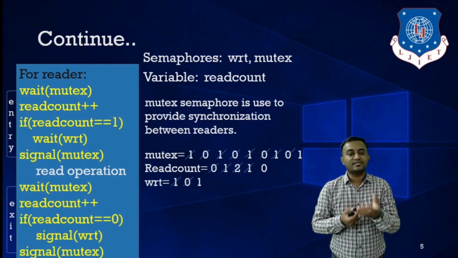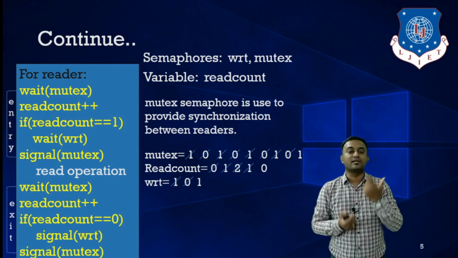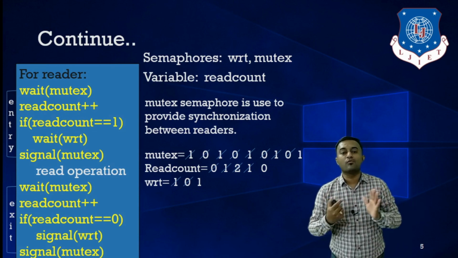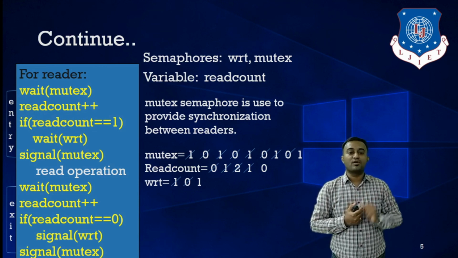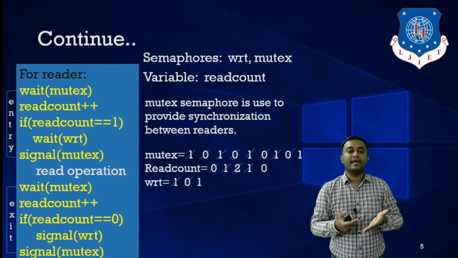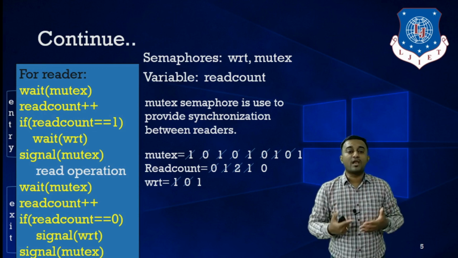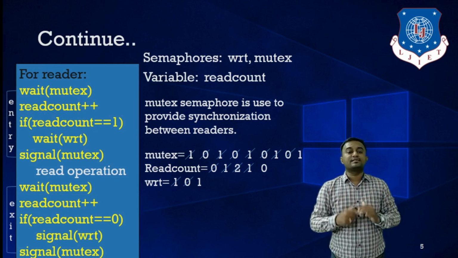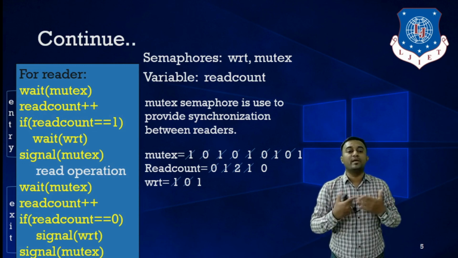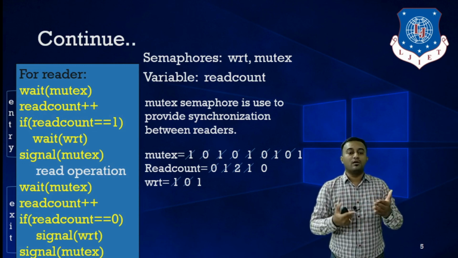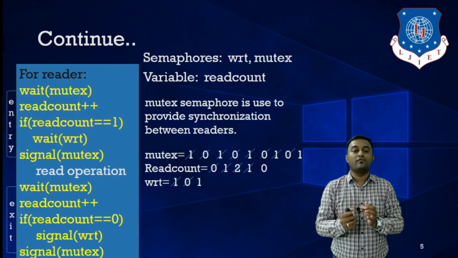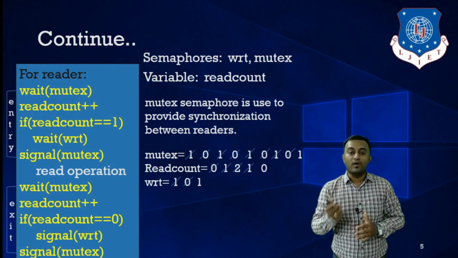So in this case we need to execute the signal. Now the WRT value becomes 1 instead of 0 because we have executed signal. And if you want to allow a writer to enter the critical section, definitely the mutex value should be 1. So at last we have executed signal on mutex, and again the value of mutex would be 1.